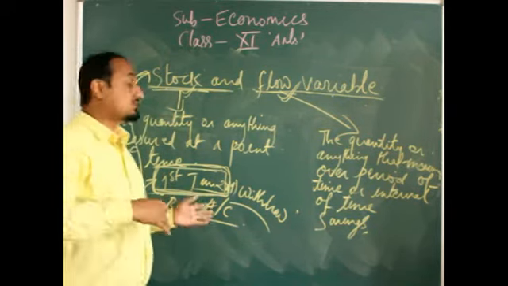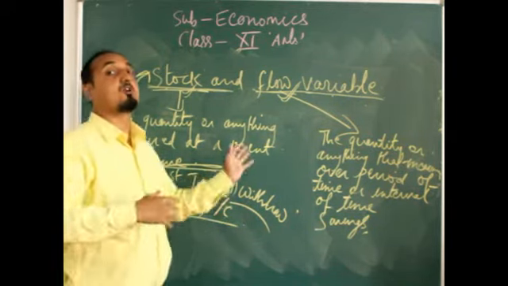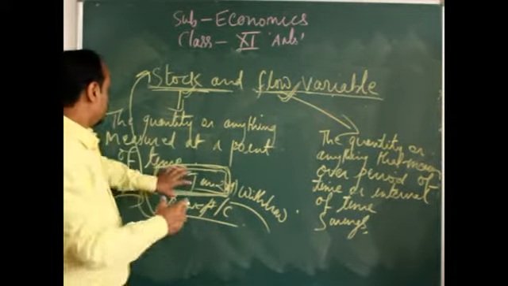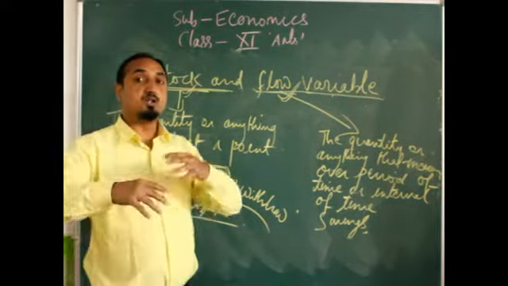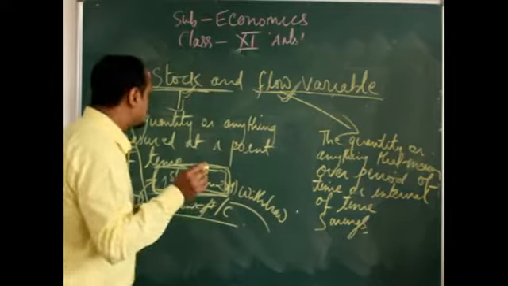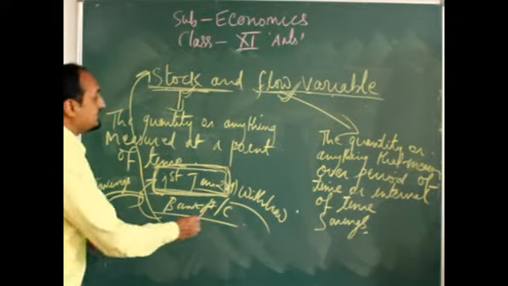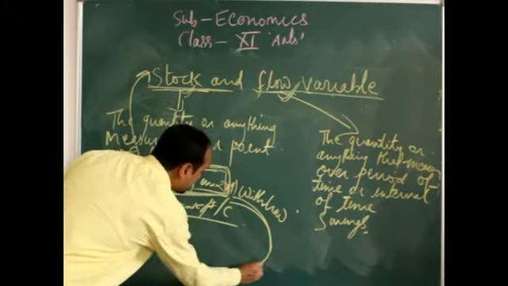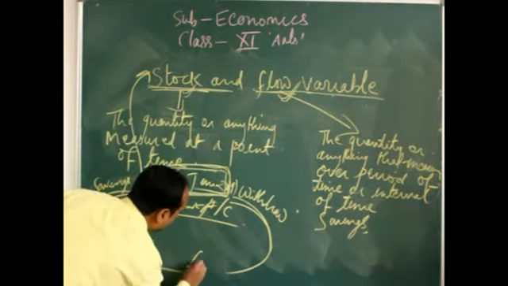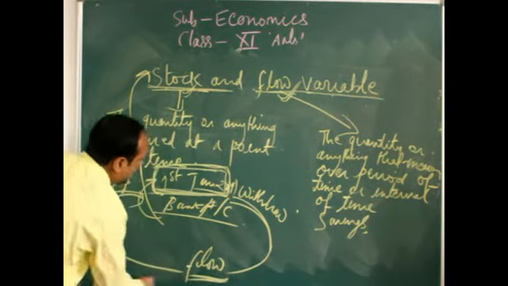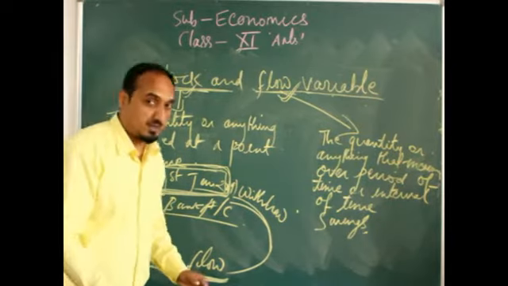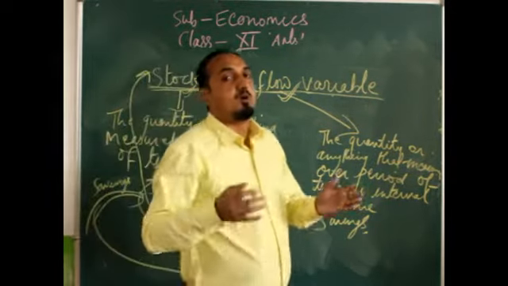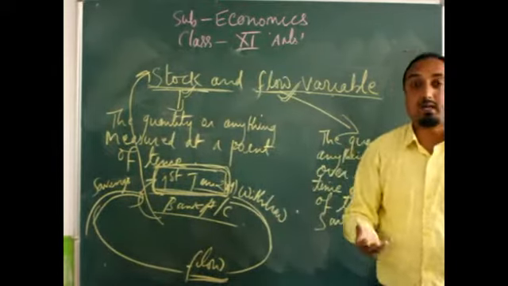But when we add some savings or withdraw money, this total deposit will change. So when we include savings or withdrawals, that concept will become flow, because that changes over a period of time. We may withdraw more than 5 times in a month.